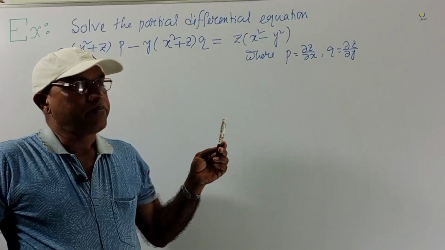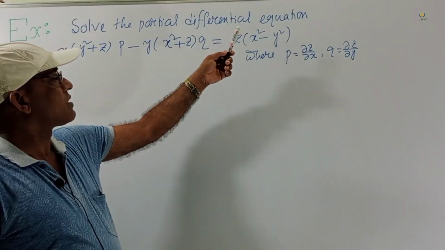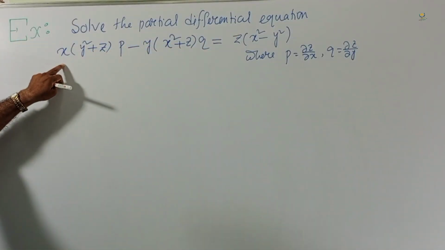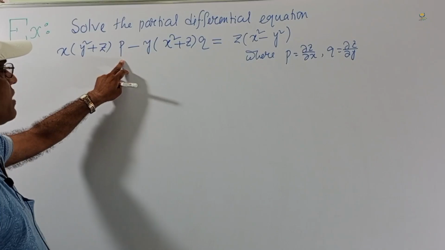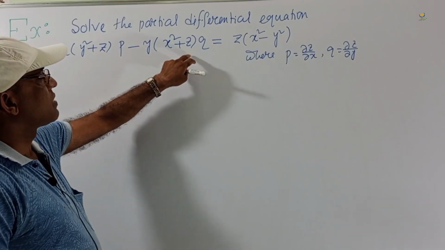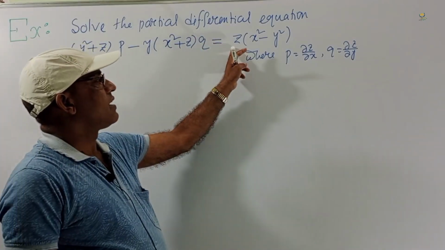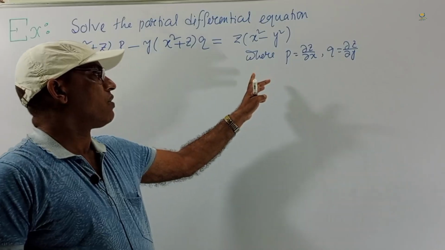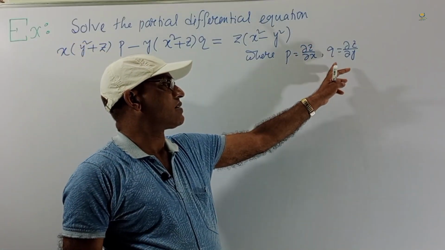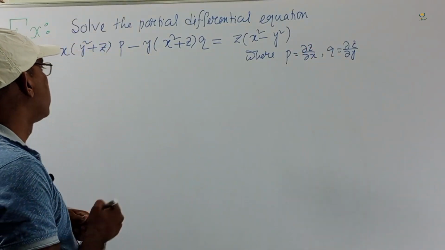Consider another problem. Solve the partial differential equation x into y square plus z into p minus y into x square plus z into q equal to z into x square minus y square, where p equal to del z by del x, q equal to del z by del y.